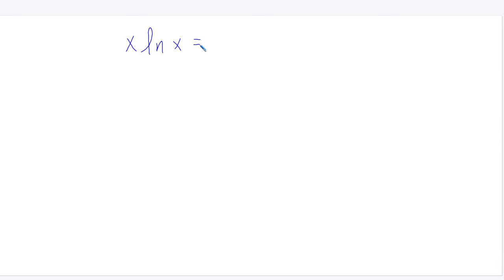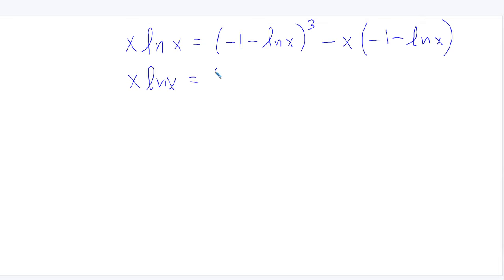But on the right-hand side, the y cubed will become (negative 1 minus ln x) cubed. And then the minus xy will become minus x times (negative 1 minus ln x).